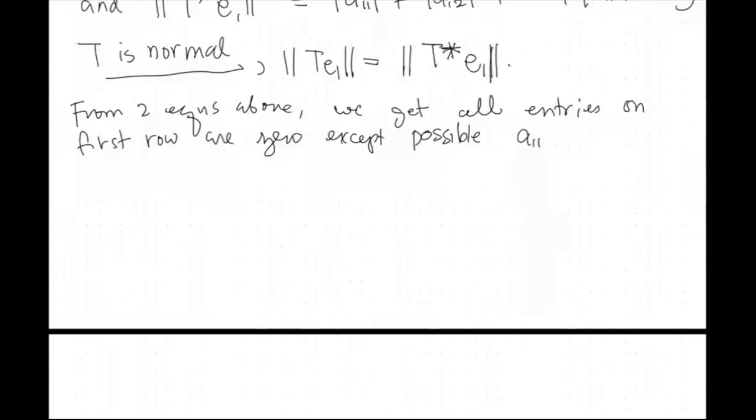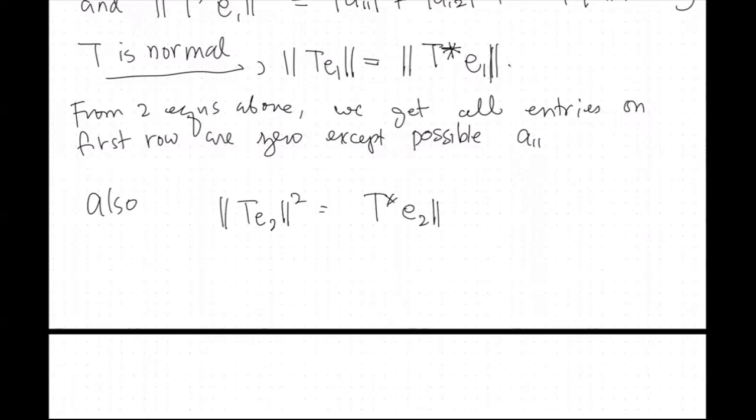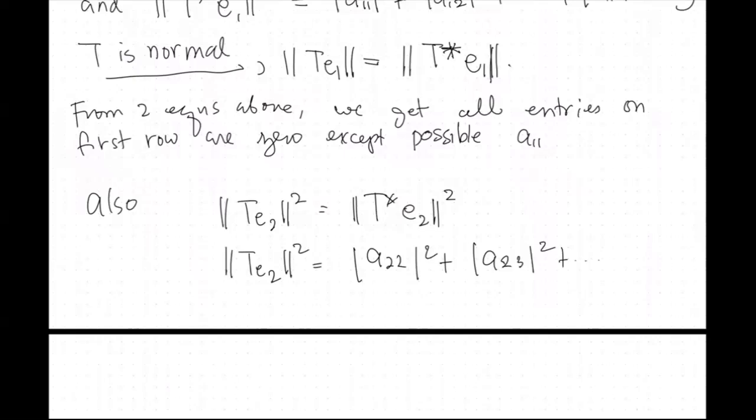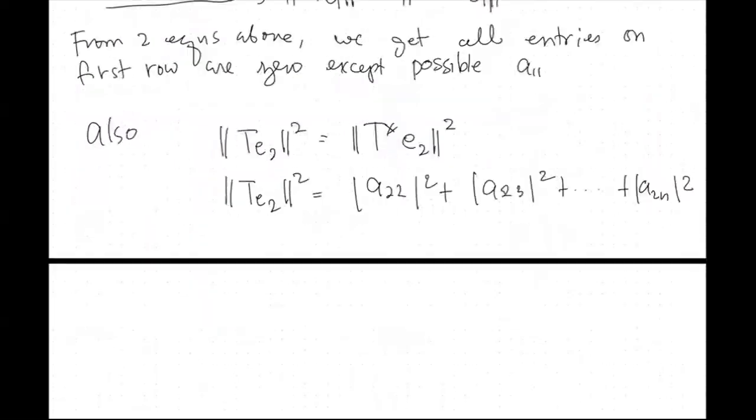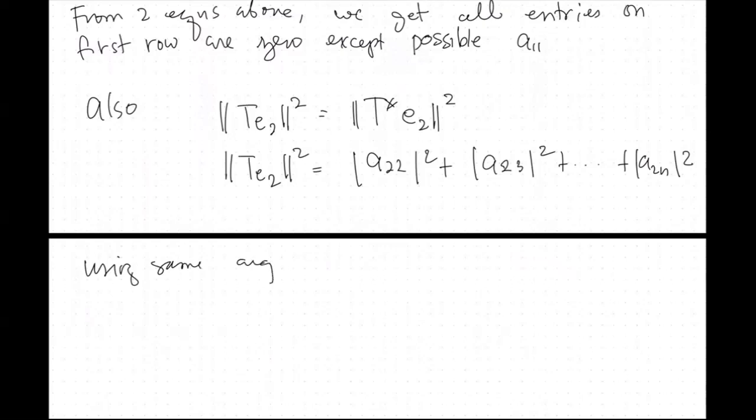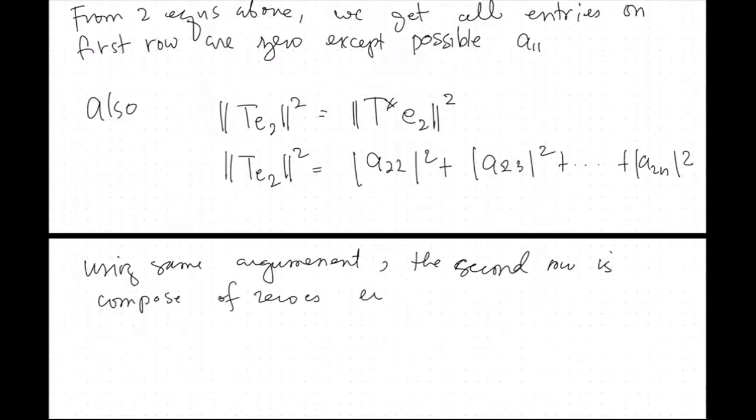Now we can apply this again. Also, we have the norm of T e2 squared equals the norm of T star e2 squared, where T e2 squared is a22 squared, a23 squared, up to a2n squared. Using the same argument, the second row is composed of zeros except possibly at the place of a22.